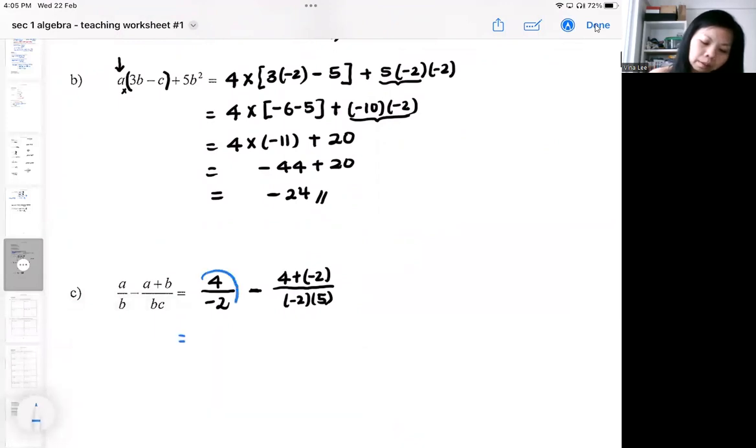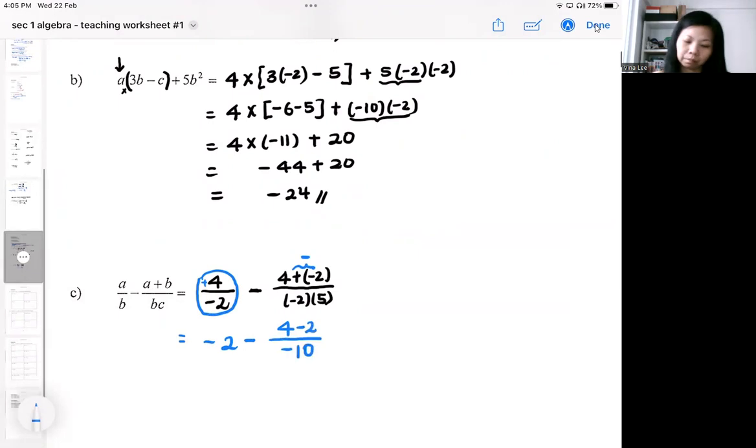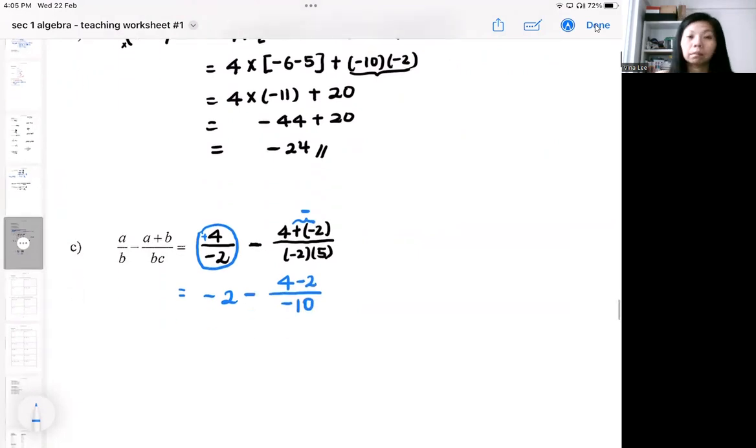This is a divide. Positive number divided by negative number, so you actually get a negative number. So this part will give you a subtraction. That becomes 4 minus 2. The denominator is -10. So it gets a lot more simplified slowly. 4 minus 2 is 2.